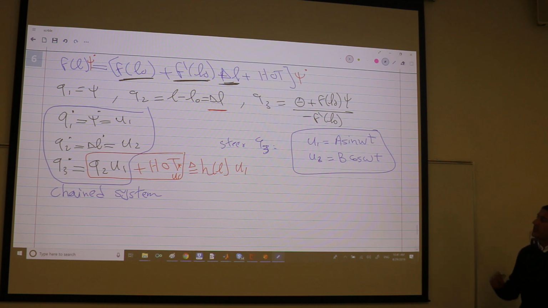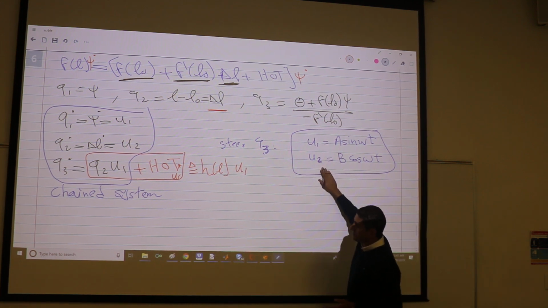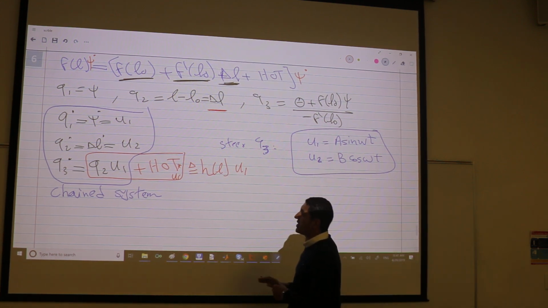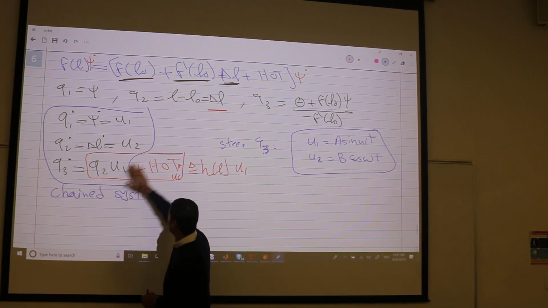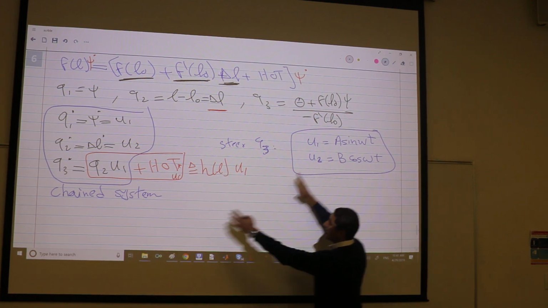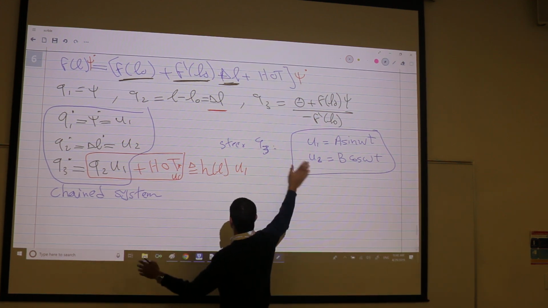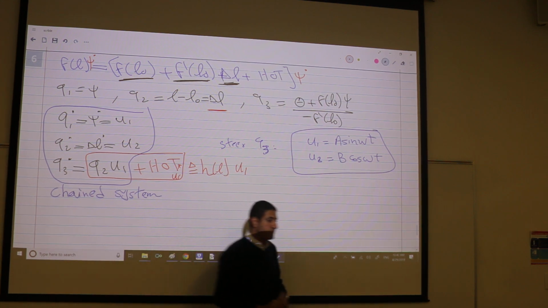Okay. So I apply this control, which will exactly steer my chain system, which is an approximation of the original system. In reality, I'm applying this to the full system. So let's see what happens when you apply this to the full system. Let's get the Q3 exact.